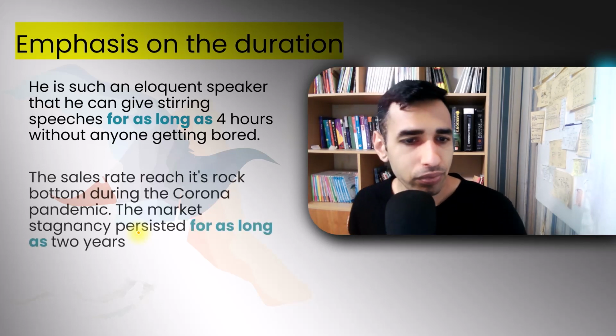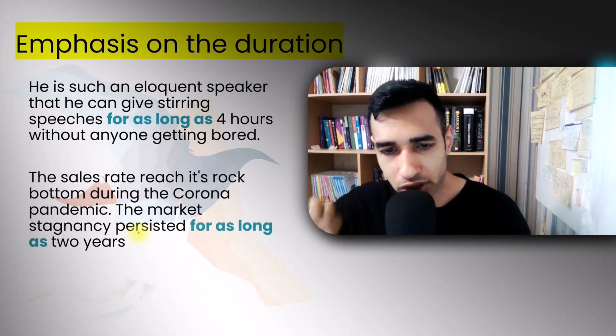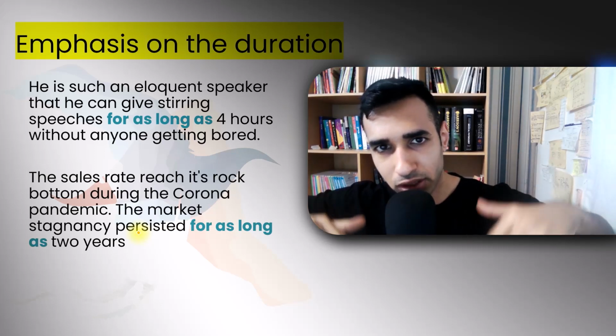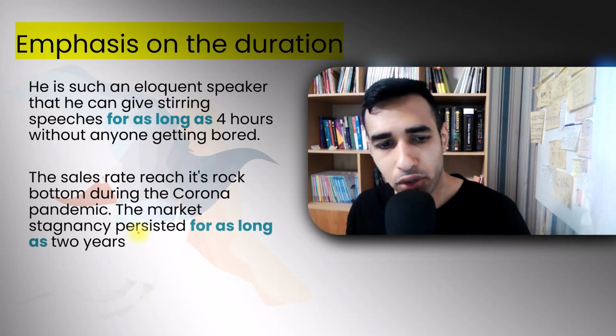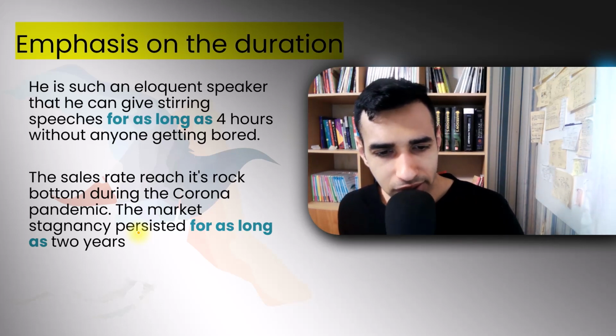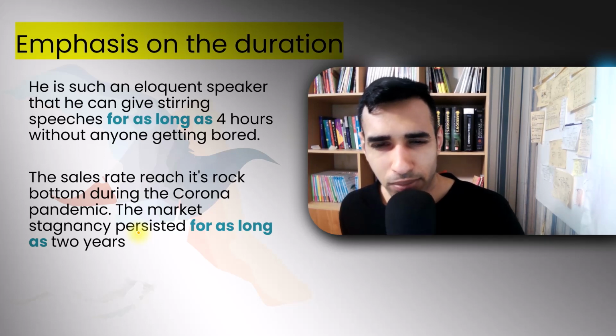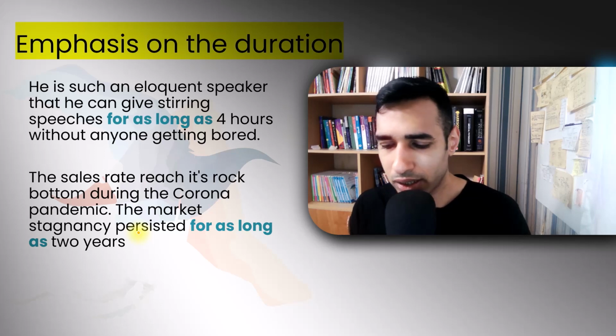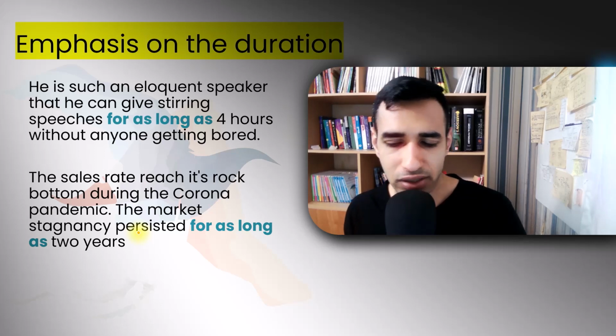Next, the sales rate reached its rock bottom, means the lowest amount, during the corona pandemic. The market stagnancy. Stagnancy is a situation where money and goods are not traded or transacted or transferred.